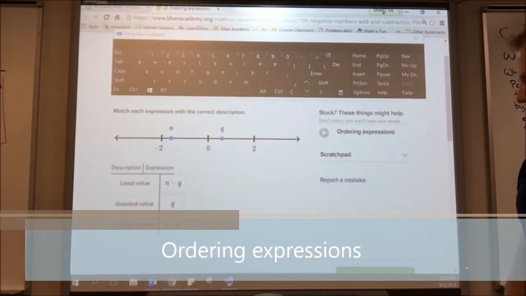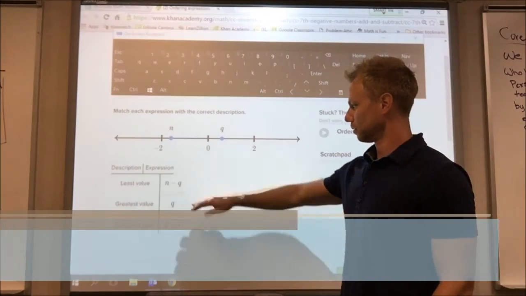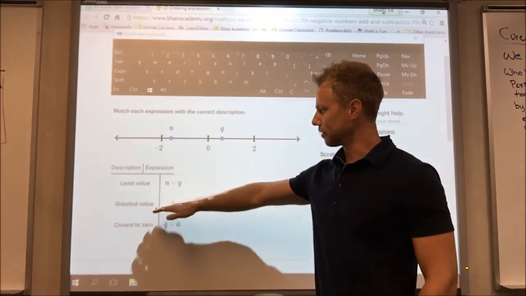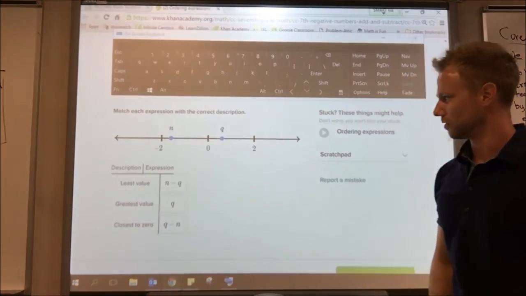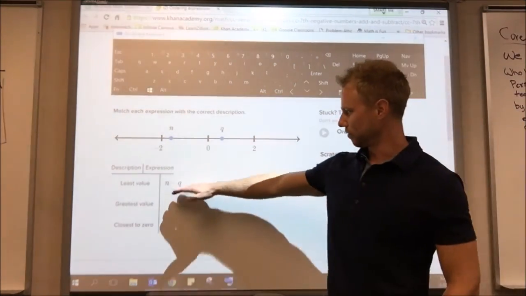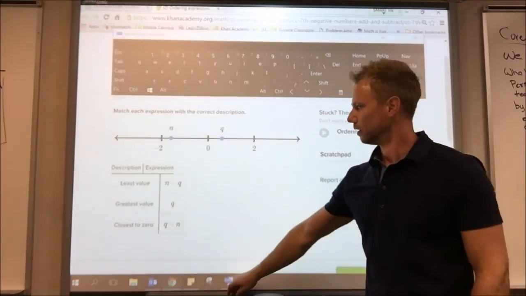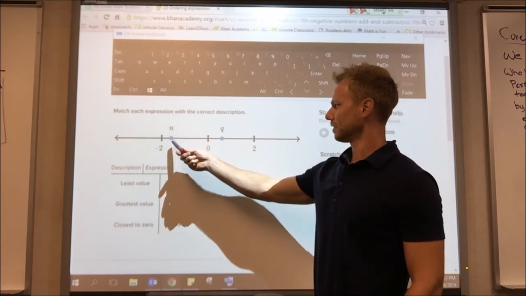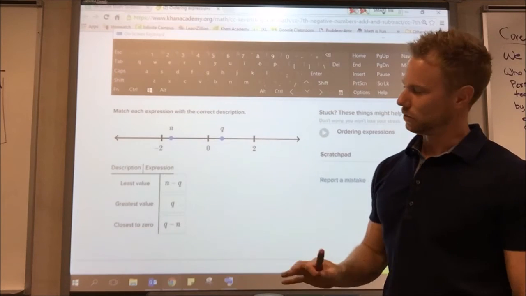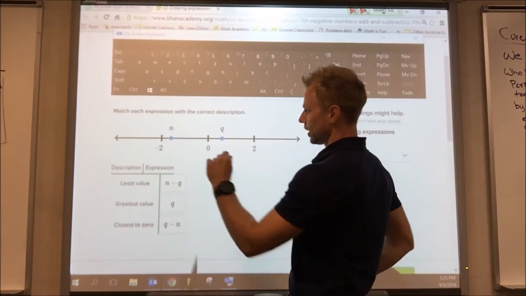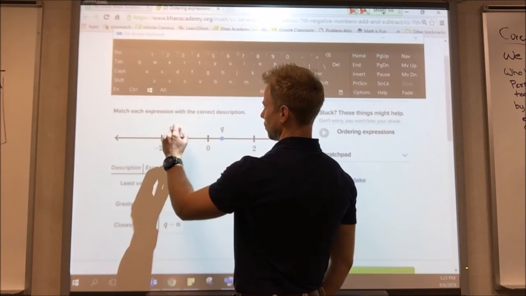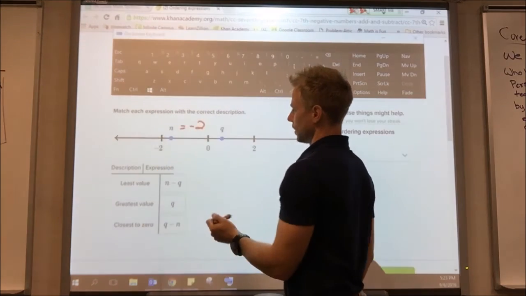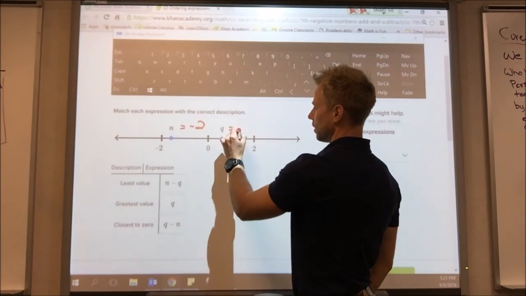All right. It says we have to put these in order: least value, greatest value, closest to 0. Okay, so first we have to figure out what these things are. N minus Q. N, we can round these, approximate these. We can say N is -2. It's pretty close to -2. Q, we'll say, is 0.